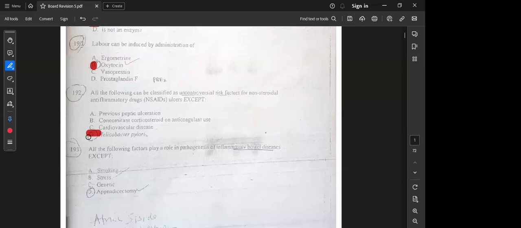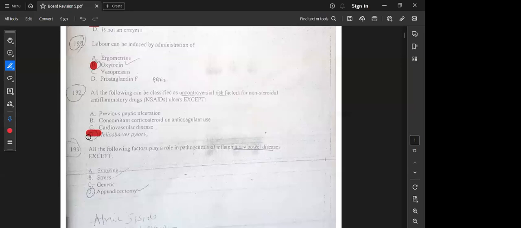But I'm not understanding how C is not the answer. How is cardiovascular disease a risk factor, even just generally, for ulcers? Maybe someone can share.